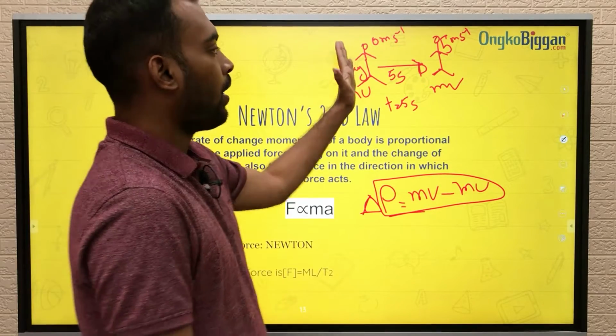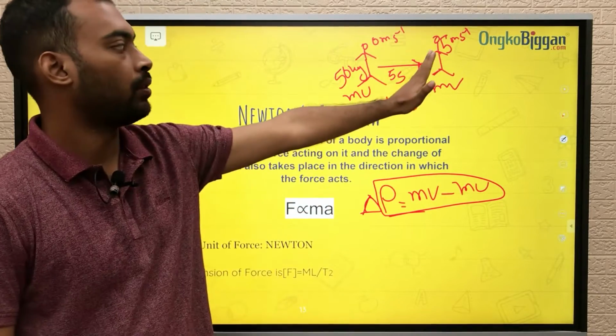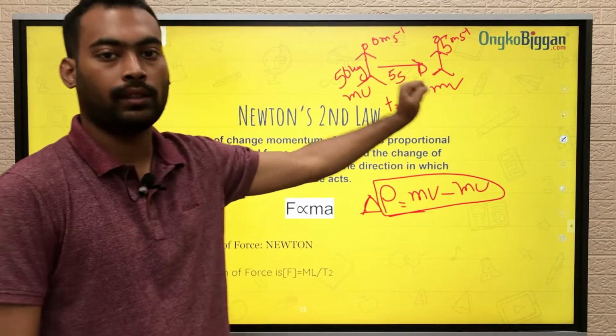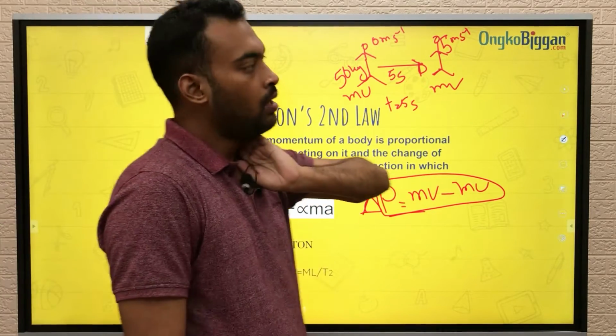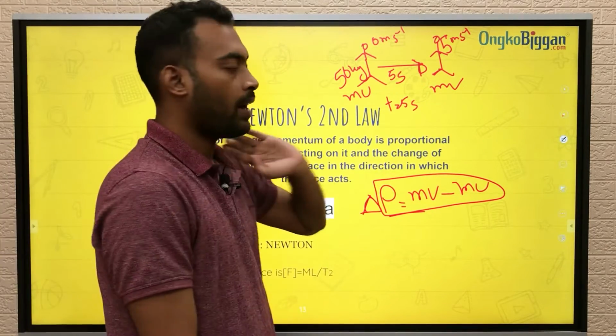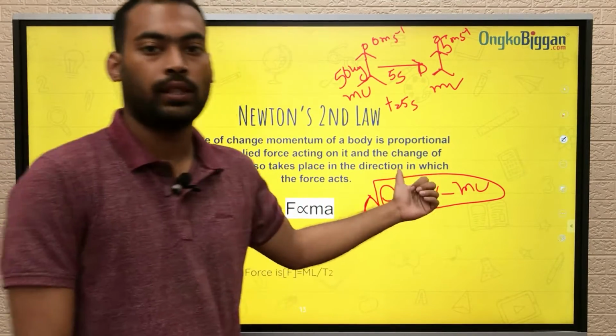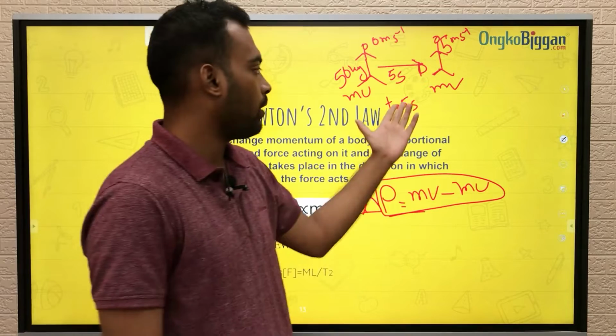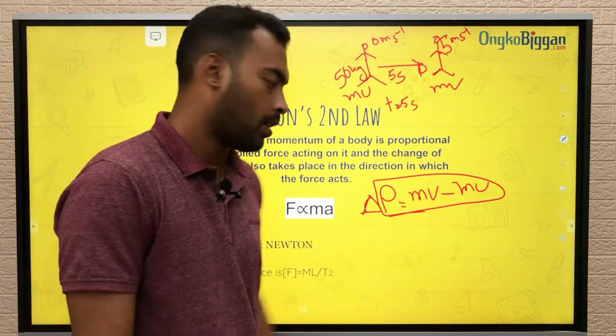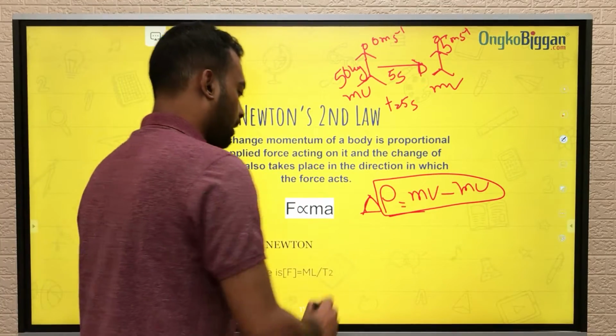So when the boy ran to this position, he had to apply some force within himself. So what was the force? In order to find out that force, we have to find out the rate of change of momentum. We already found out the change of momentum. Now let's find out the rate of change of momentum.